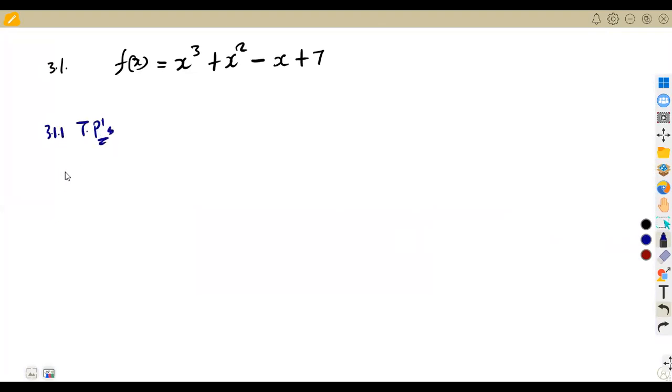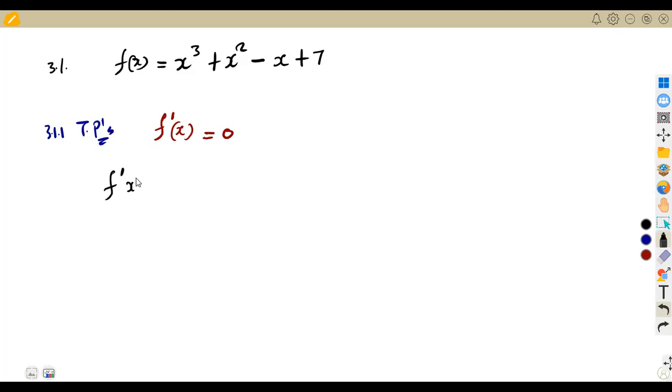How are we going to get our turning points? All right, so we understand that whenever we're dealing with turning points, these are maximum and minimum values. And whenever we're talking about maximum and minimum values, the derivative of that function with respect to x must be equal to 0. So that is the condition of our turning points. So we're simply going to differentiate our f of x in this case, then equate to 0.